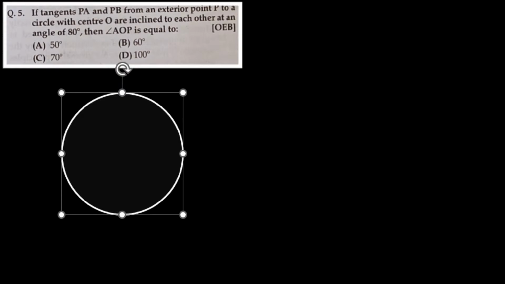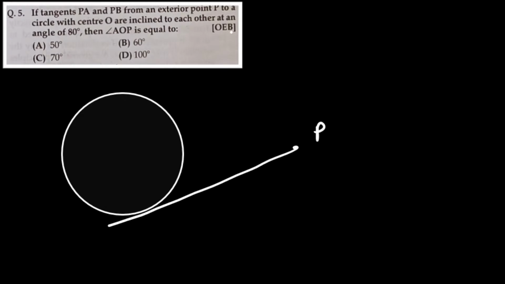Same as we did in the previous one, from the same point P, like this it will be. Suppose here is point A, here is point B.